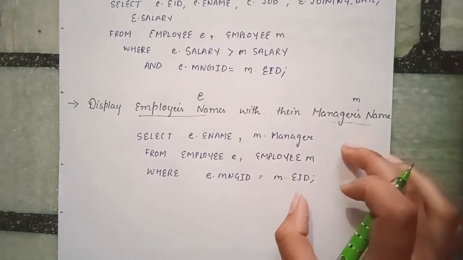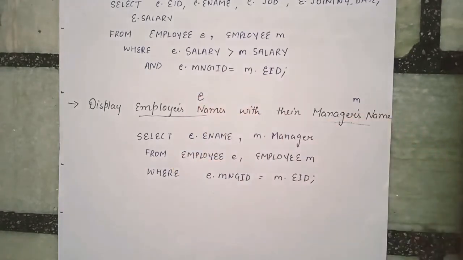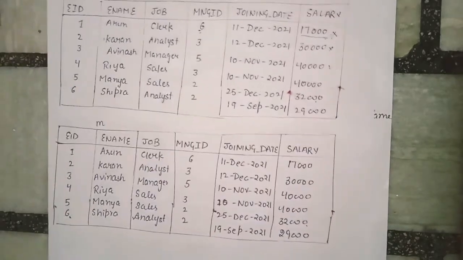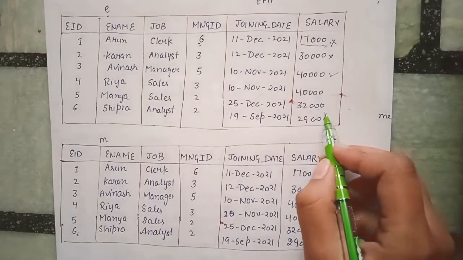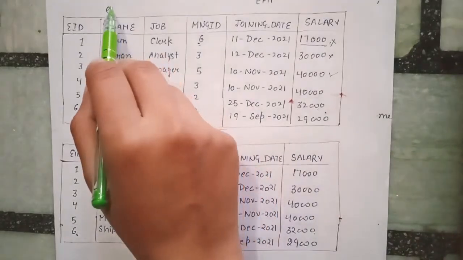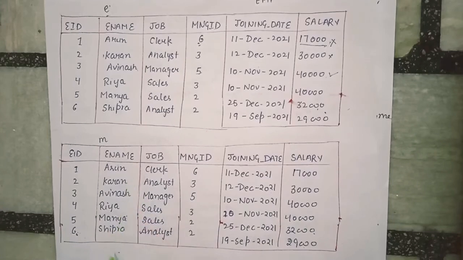So this is how we will get employee names and their respective manager's names. How do we solve this query? Let us understand this with the help of an example. As I told you, we want employee names from this E instance and manager's names, who are also employees, from this M table.